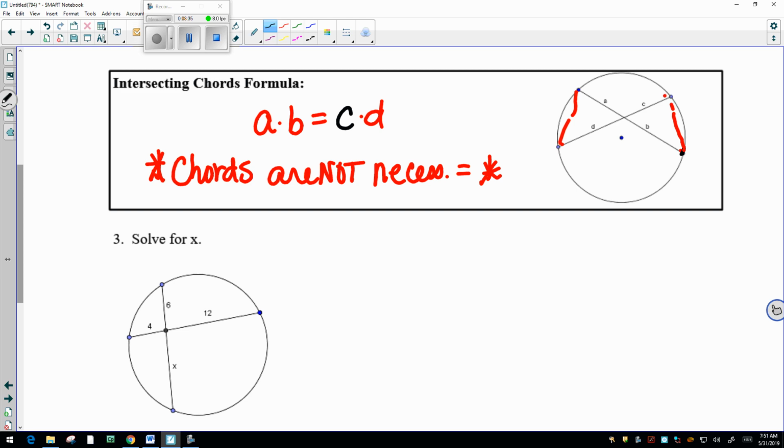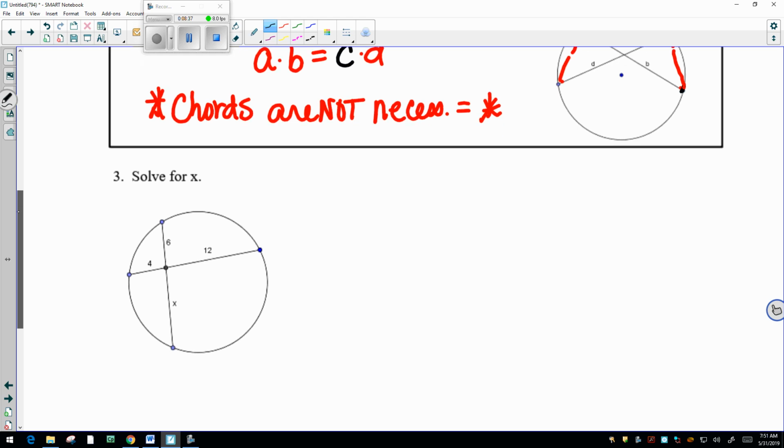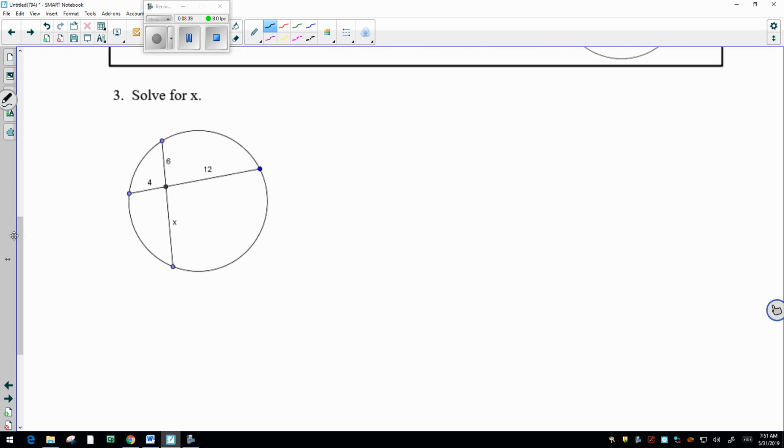Okay, if we use this idea, so if I'm down here on this picture, I'm going to maybe label one of these chords. And remember, I'm going to have A and B on one chord. I'd have C and D on the other chord. And it's saying I can take those parts and multiply them. So A times B equals C times D. Okay, so we're going to have 6 times X is equal to 4 times 12.